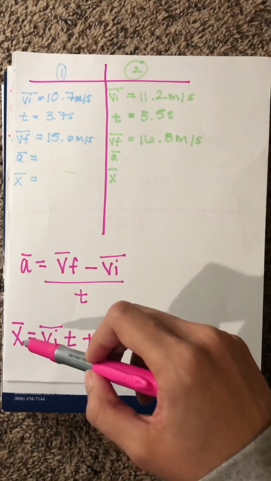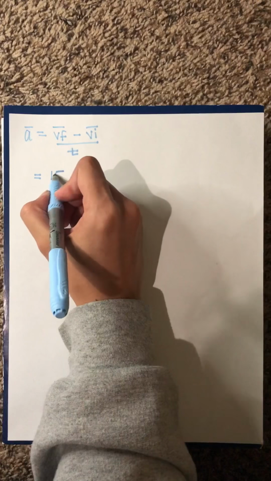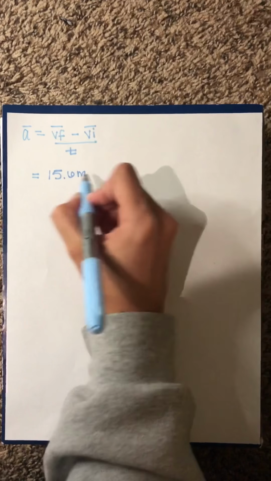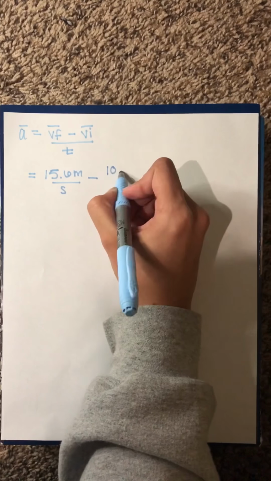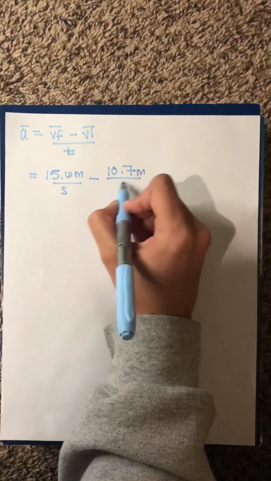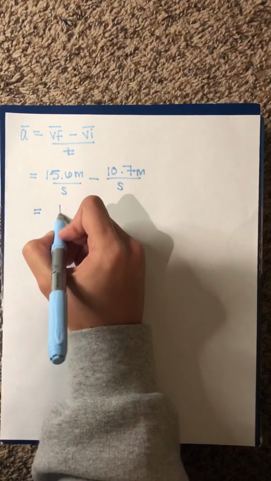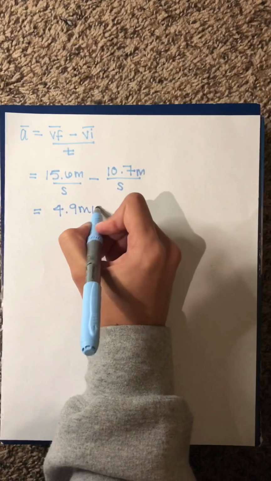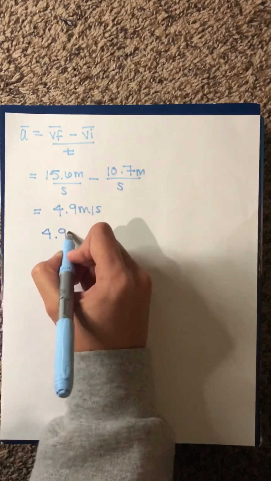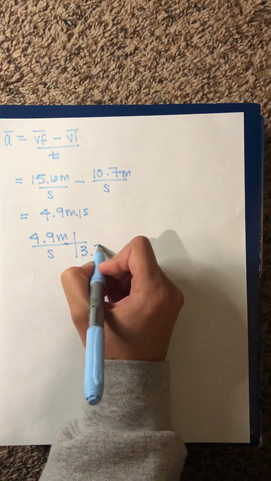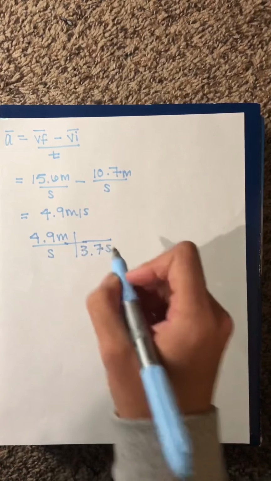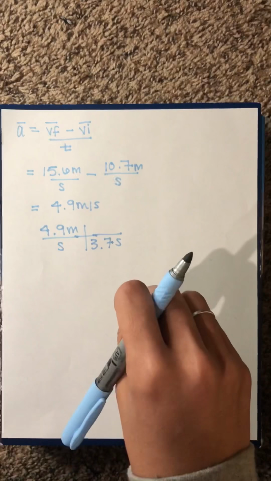With these equations, we can fill out all the information that we have to find both acceleration and displacement. So now let's start with solving the acceleration for go-kart 1. 15.6 meters per second minus 10.7 meters per second, which equals 4.9 meters per second. 4.9 meters per second divided by 3.7 seconds, since that is the time go-kart number 1 traveled.